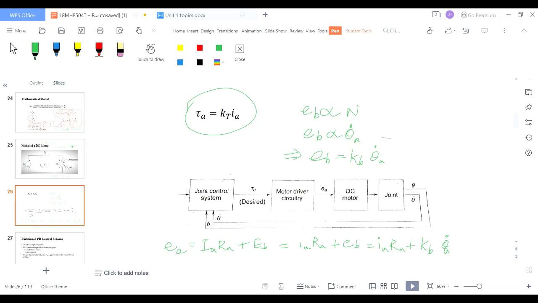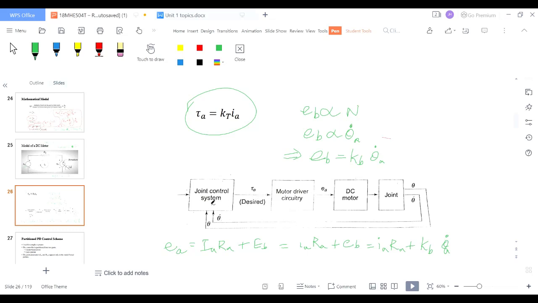Okay, so what happens here is the sensor detects the position as well as speed of the joint, or I can say the angular position and angular velocity of the joint, and gives this as feedback.